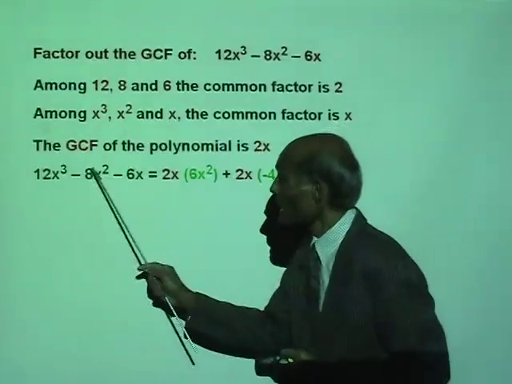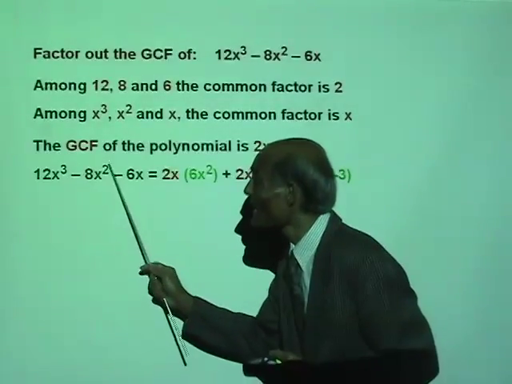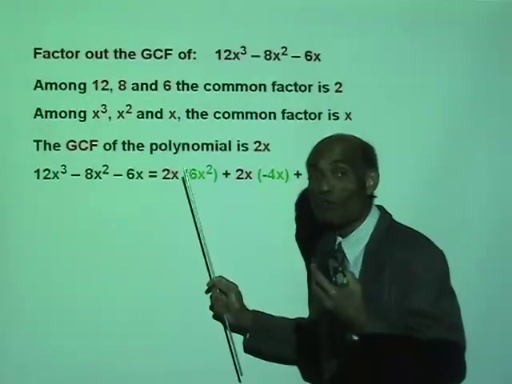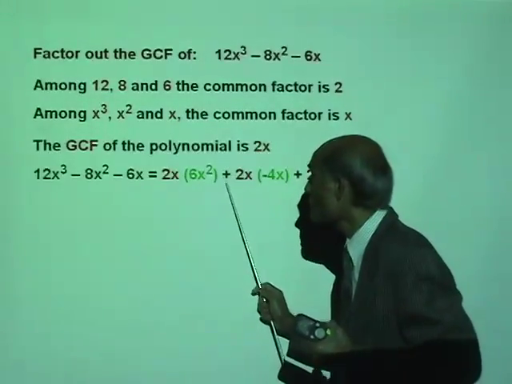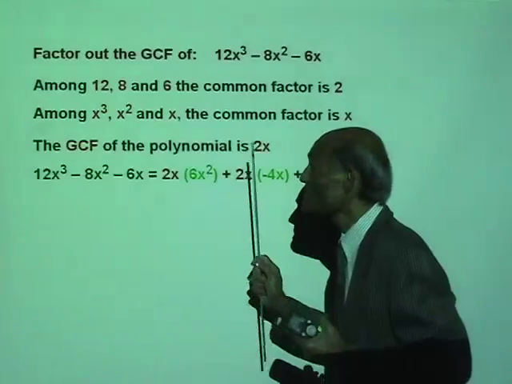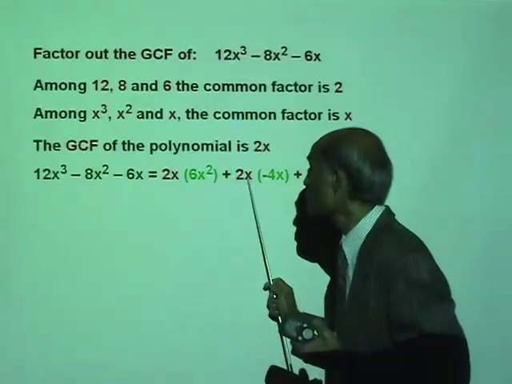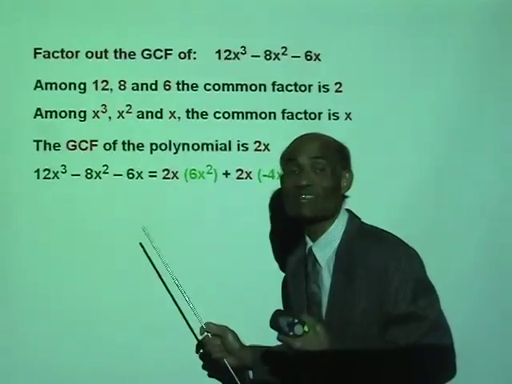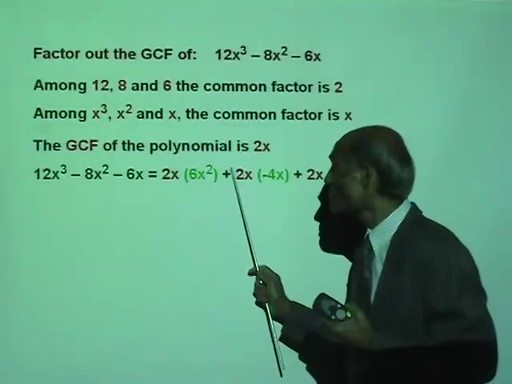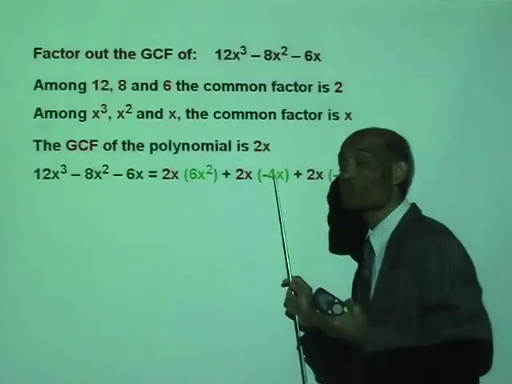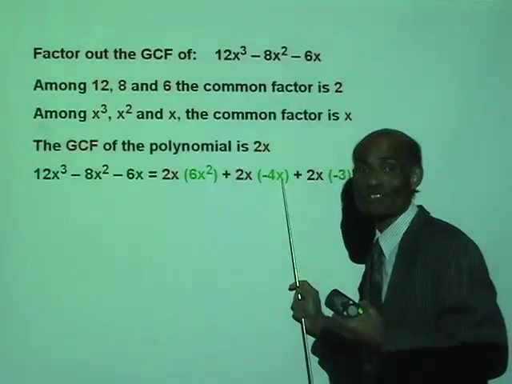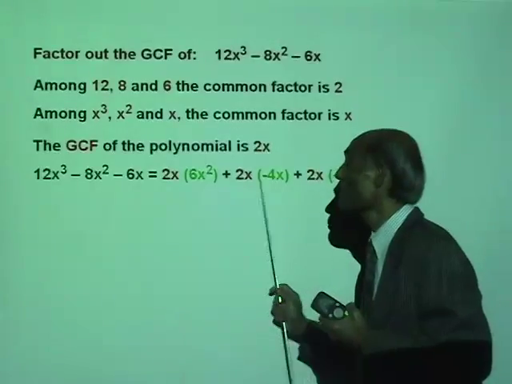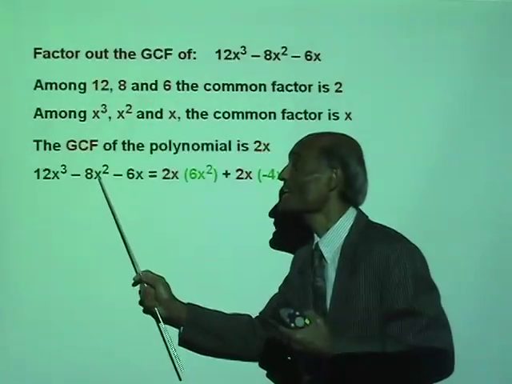Alright. How do we write minus 8x squared? Now we're going to factor out a 2x. That will be positive 2x times what will give you negative 8x squared? That will be positive 2x times negative 4x. Positive 2x times negative 4x is minus 8x squared.